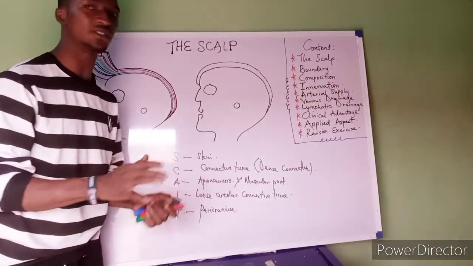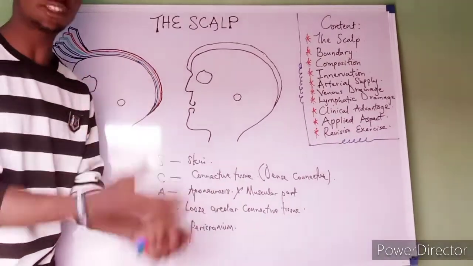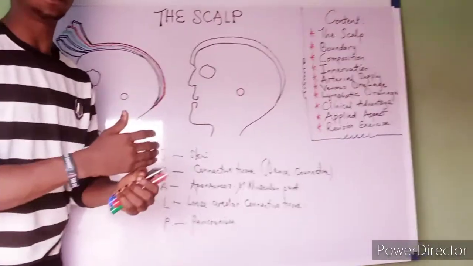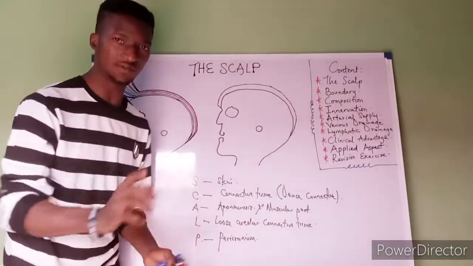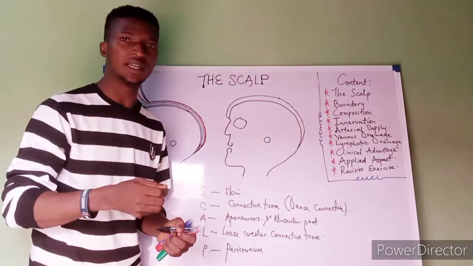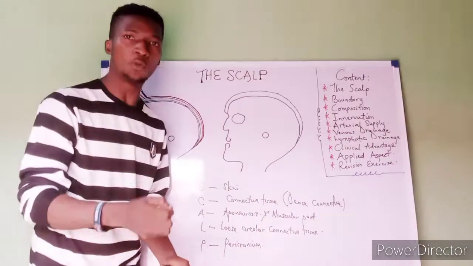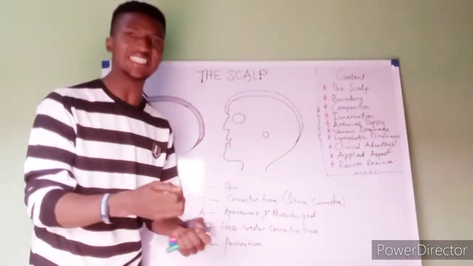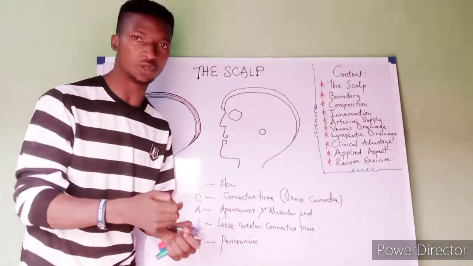In this dense connective tissue is where you have the blood supply, that is the arteries, the veins, and the innervation. The arterial walls are attached closely with the tissue to prevent displacement of these vessels.